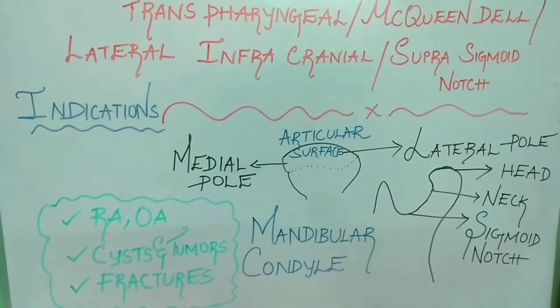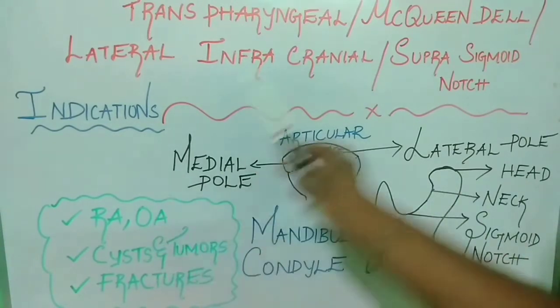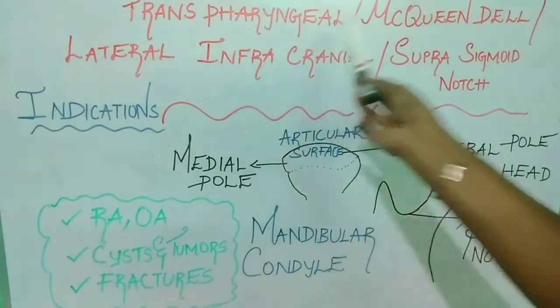This view is also useful in investigating pathological conditions affecting the condylar head like cysts and tumors. It is also useful in studying fractures of the head and neck of the mandibular condyle. So all these are indications for the transpharyngeal view.